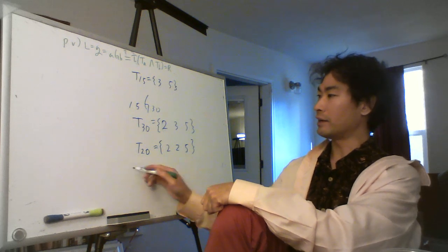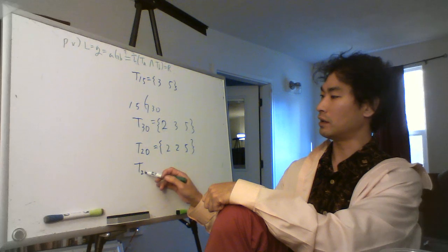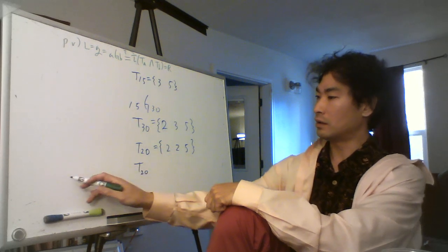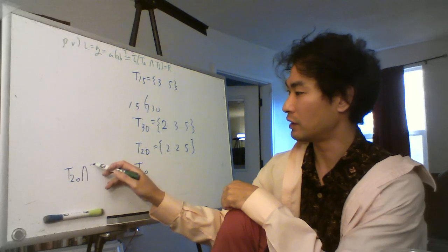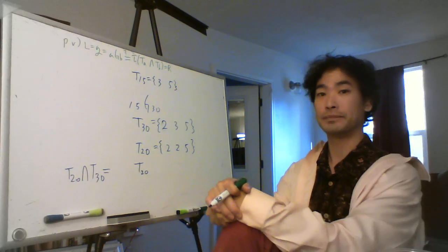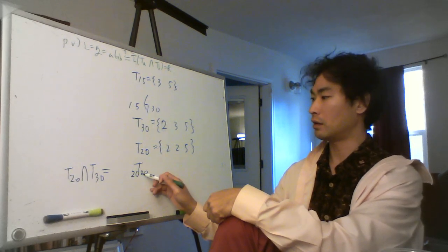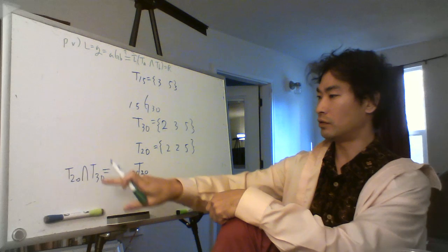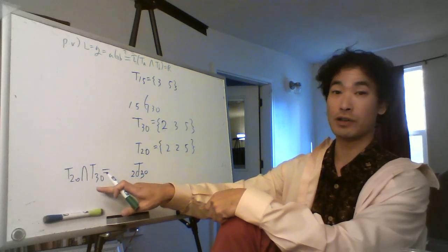Instead of writing T20 intersection T30, we're going to make a shorthand. We'll just write T20,30, because this is too long a notation.